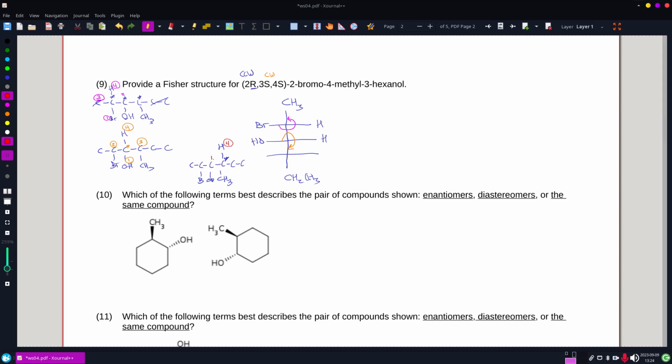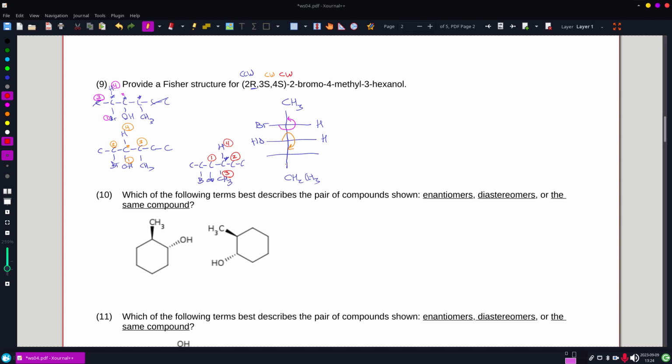We're going to have this be our high priority because it's a carbon with an O attached. And then a carbon with 3 hydrogens is lower priority than a carbon with at least one other carbon. So that's a 2 and this is 3. Alright, we still have 4 on the horizontal. So we are still going to want this to go clockwise.